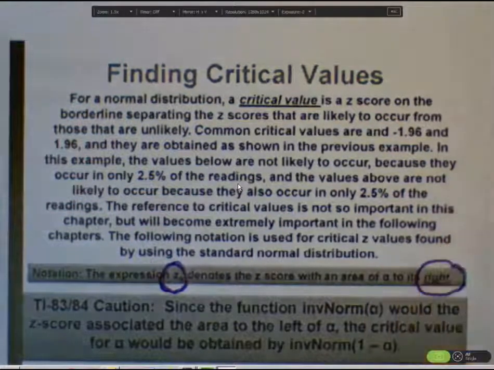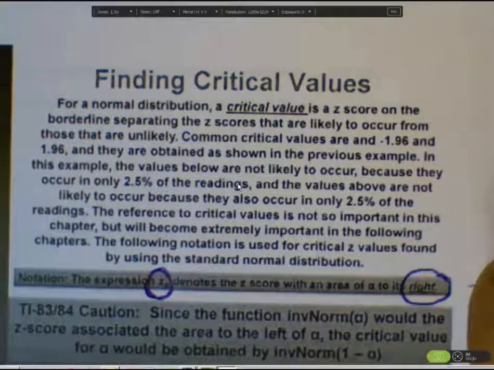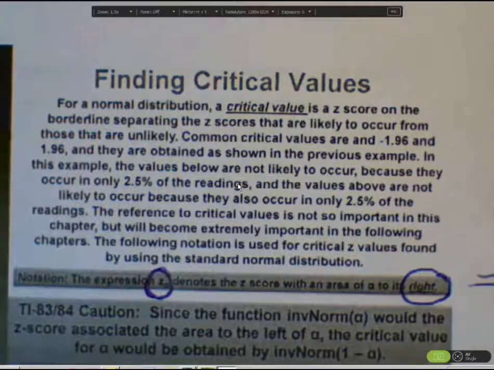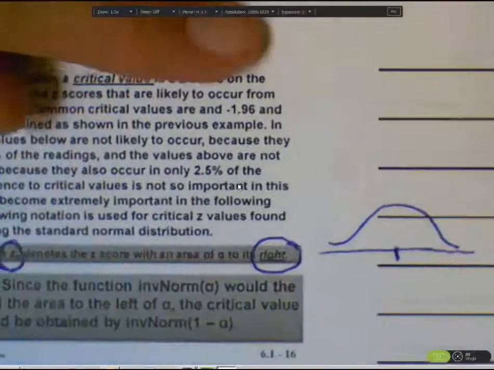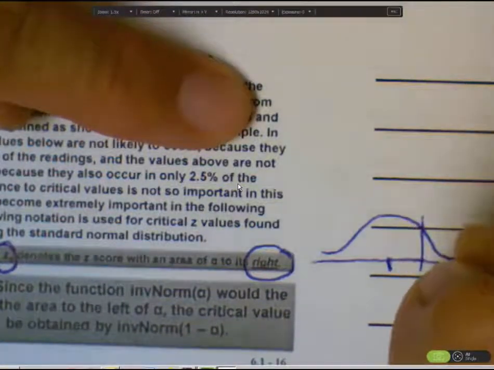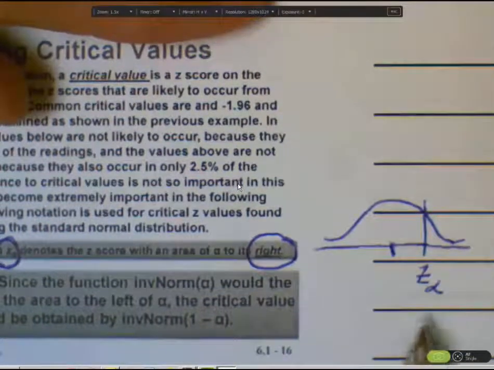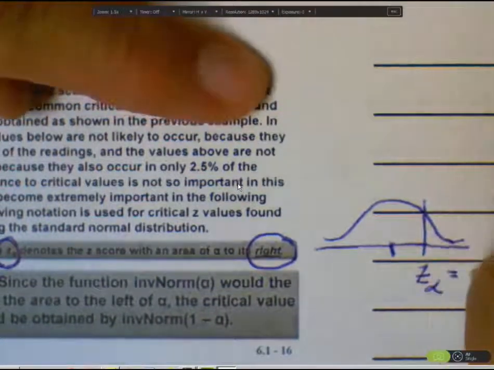Specifically, Z sub alpha is the z-score that has an area of alpha to its right. That's very important. If I draw a normal distribution, and I ask you to find Z sub alpha, because I'm asking you to find a z-score, you're going to use inverse norm.